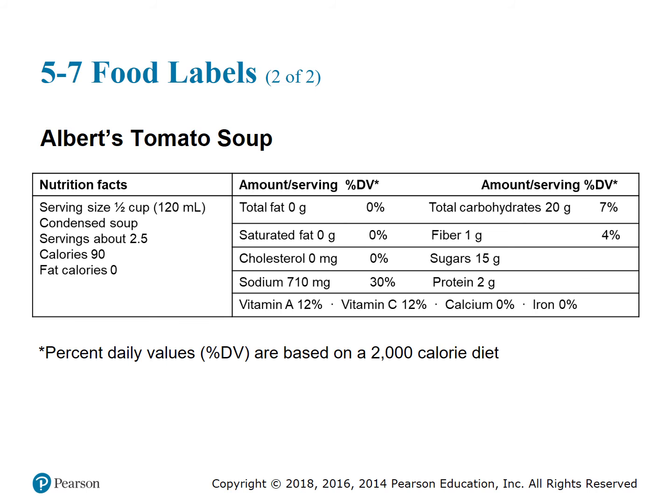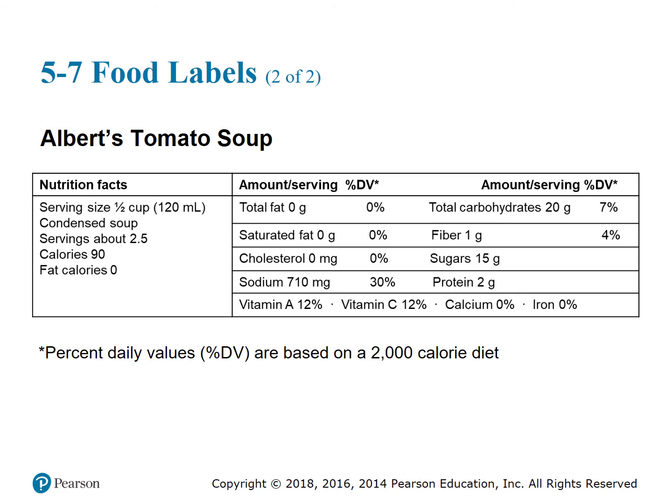And so here, let's just take a quick look at this. We're not going to do too much with this, but here it says the serving size is about half a cup, and then it gives us that in milliliters, 120. It also tells us the serving size and then how many calories per serving size. And then let's look at the other portion here. It gives us the total fat, which is 0 grams, 0 saturated fats, 0 cholesterol.